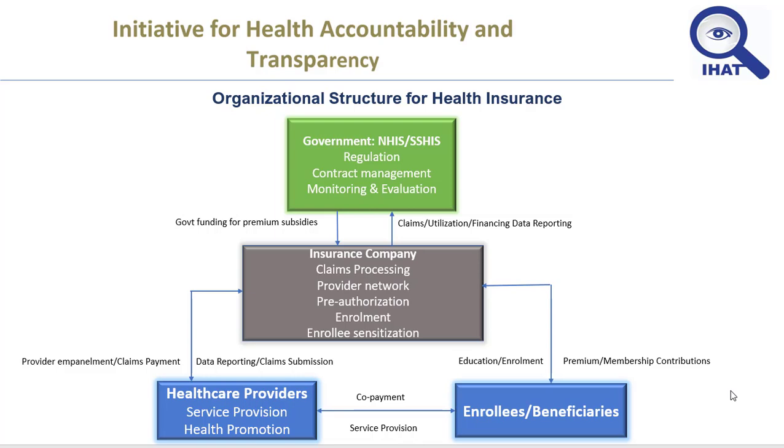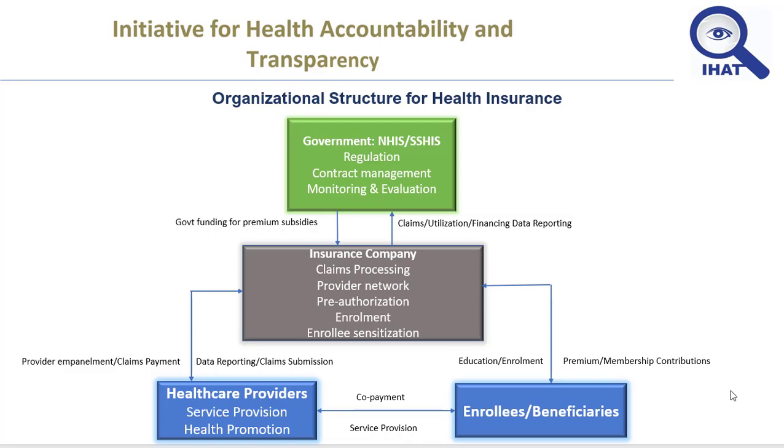They interact with the providers through claims payments. They pay their bills, and they make sure they give them the provider empowerment. That is like the list of enrollees that are registered with each healthcare provider, while the provider has the function of reporting back to the HMO with utilization data reports, and also they need to submit their claims to the insurance company for payment.